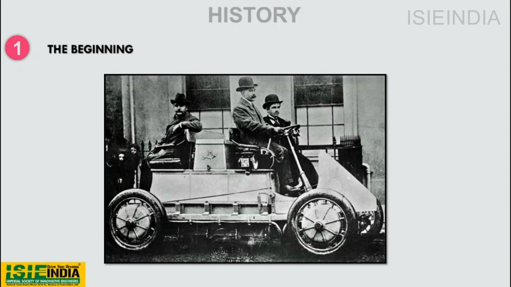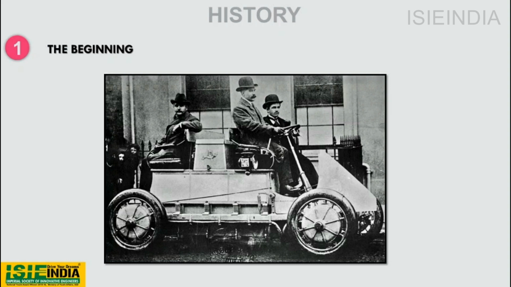Then the demand for hybrids began to fall. However, when Henry Ford started the first automobile assembly line in 1904, Ford's ability to produce gasoline-powered cars and offer them at a lower price dramatically shrank the hybrid vehicle market.